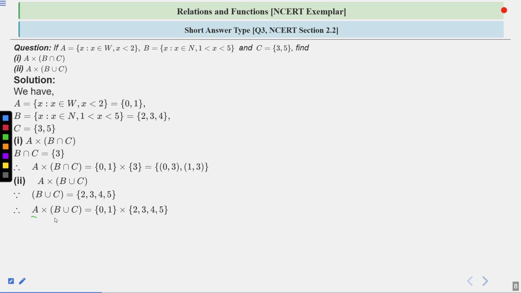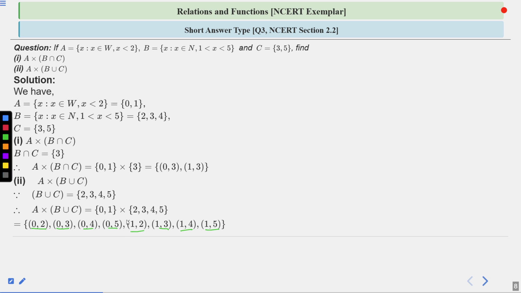Now A cross B union C is the collection of all ordered pairs in which the first position is filled by A elements and the second position is filled by B union C set elements. So how many ordered pairs will you have? 8 ordered pairs: (0, 2), (0, 3), (0, 4), (0, 5), (1, 2), (1, 3), (1, 4), (1, 5). Clear?